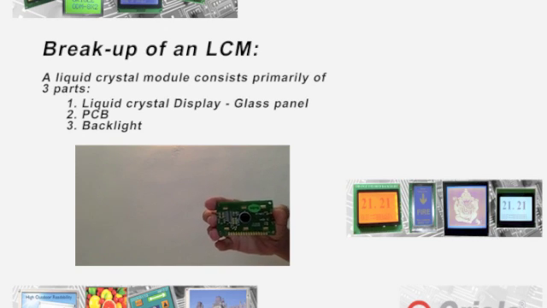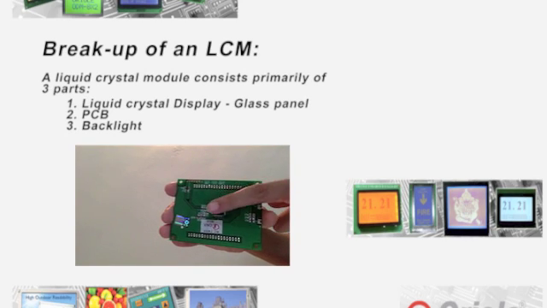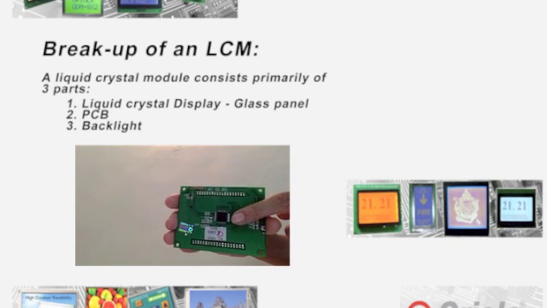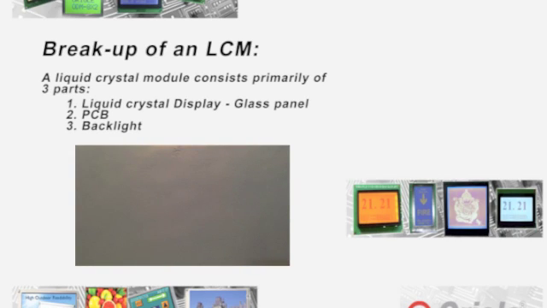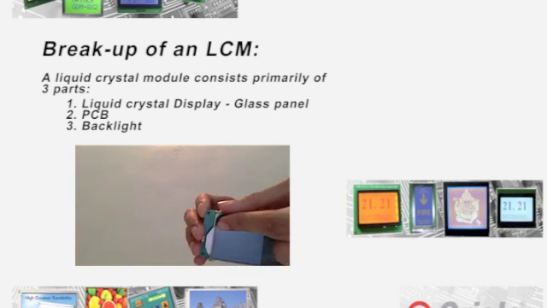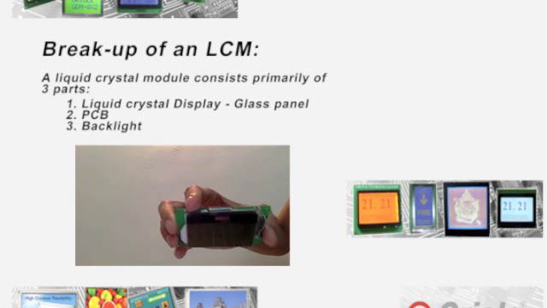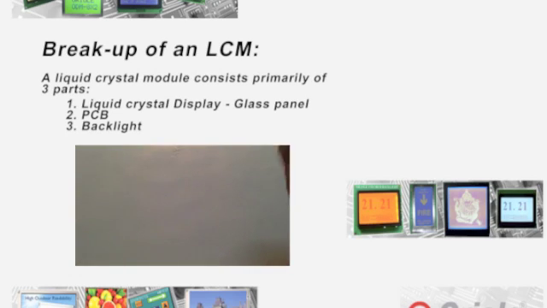The other two types of PCBs that are possible: one is SMD type, where you have the IC directly soldered onto the PCB, or you also have a COG type, which is this, where in this glass epoxy is where the IC and the rest of the components are embedded. So these are the types of PCBs.